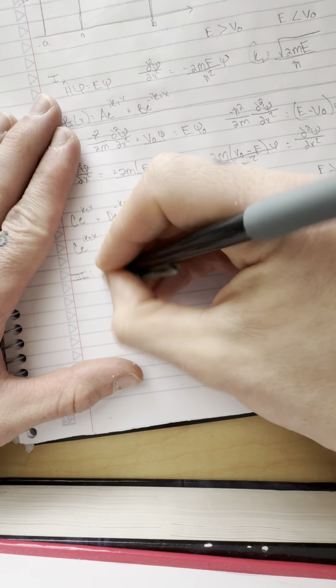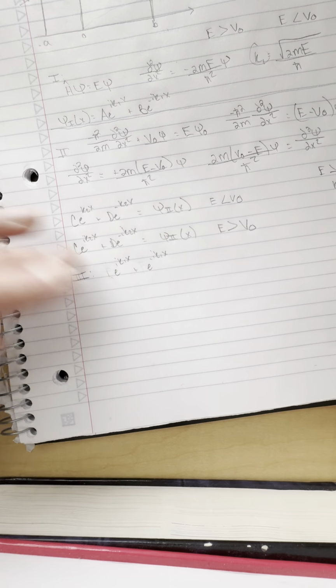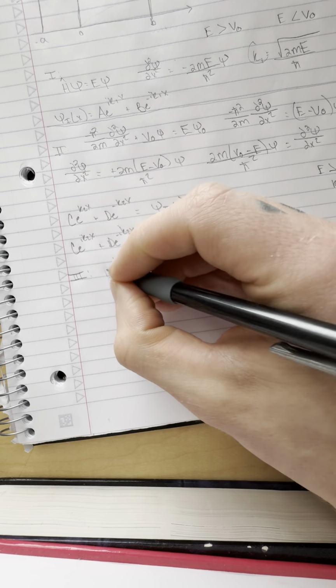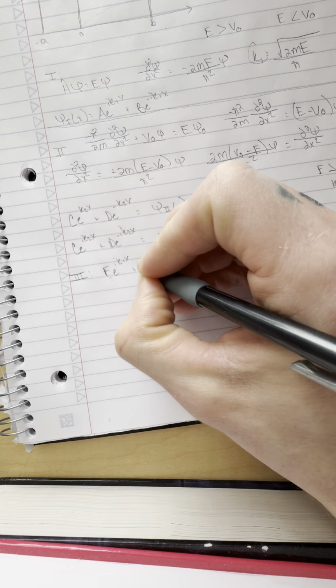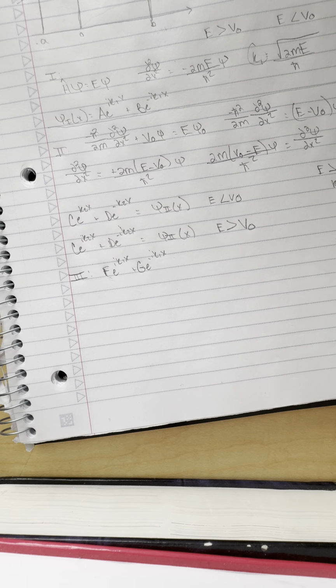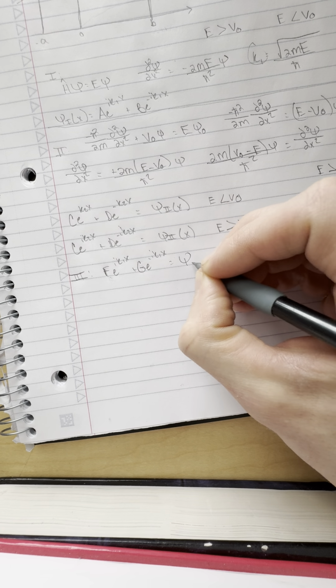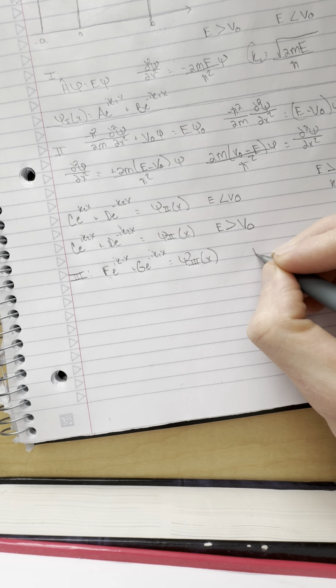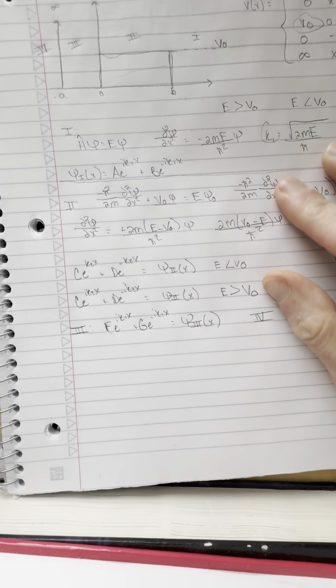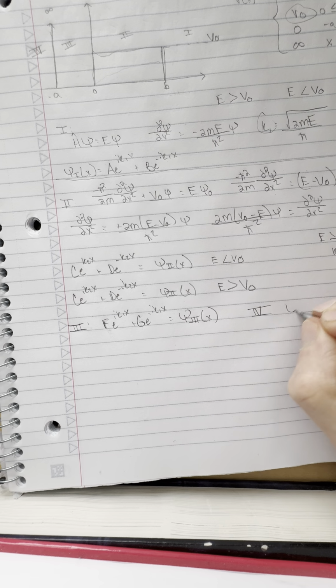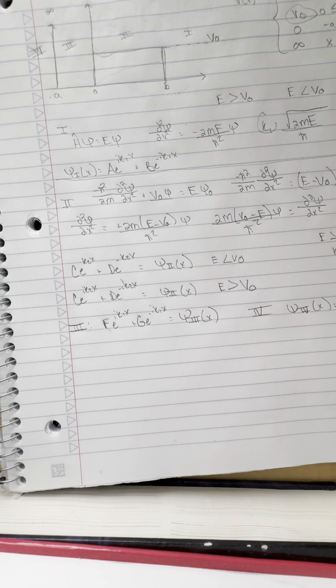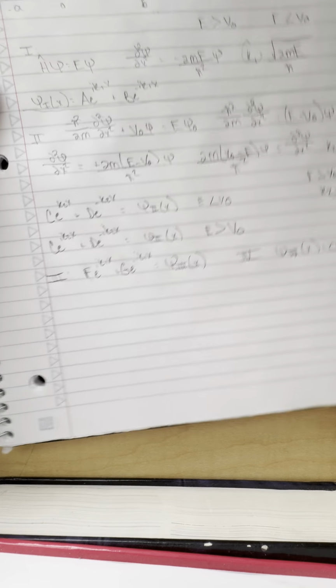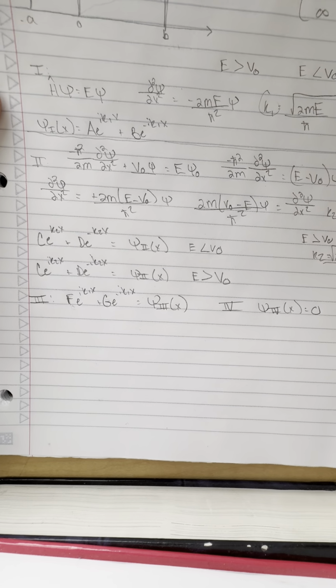I'm going to use F and G so I don't confuse it with the energy, so F and G equals psi 3 of x. Region 4, no particles are going to penetrate through this barrier, so the wave function in region 4 has to equal 0.